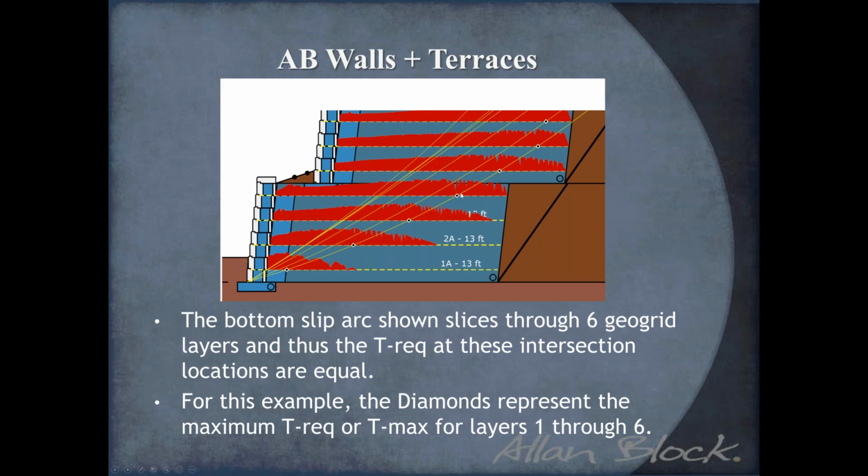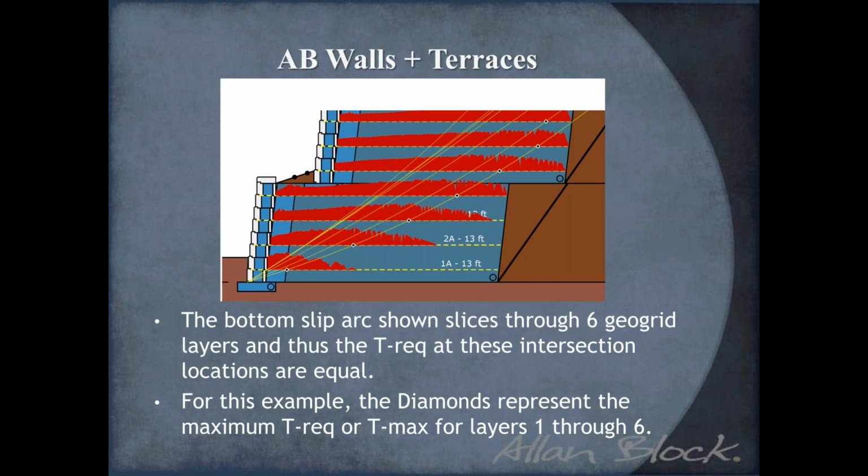So it took 7 different slip arcs to yield the T max for all the grid layers from bottom to top for this particular structure. Every structure will be different.